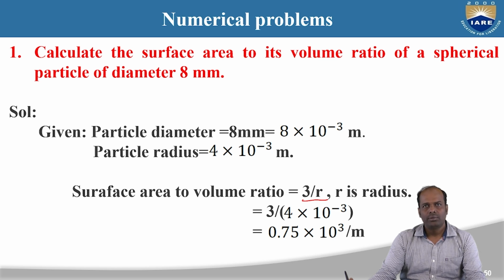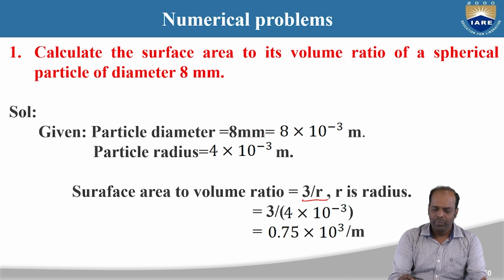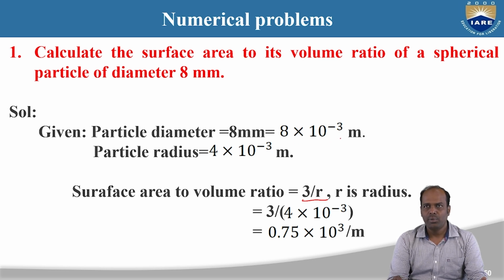So from the problem point of view, how should we convert to SI units? Millimeters into meters, 10 to the power of minus 3 meters. Then the particle radius to diameter formula is 2r is equal to d, so radius is equal to d by 2.